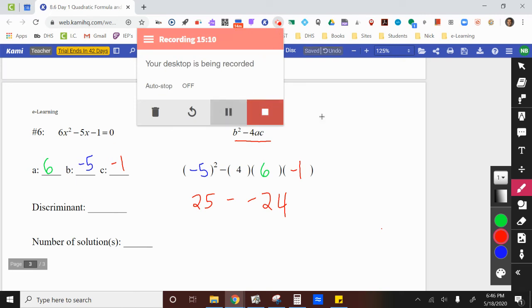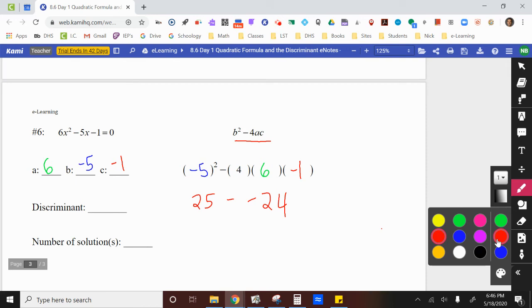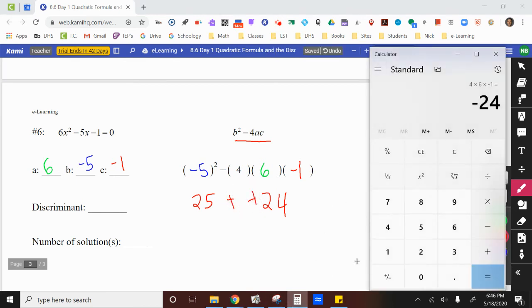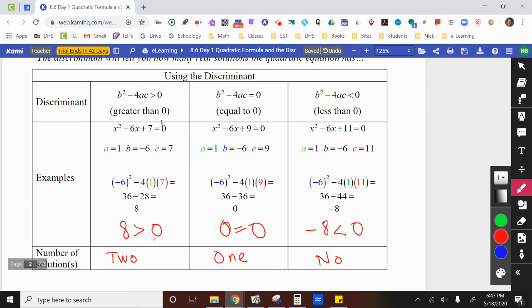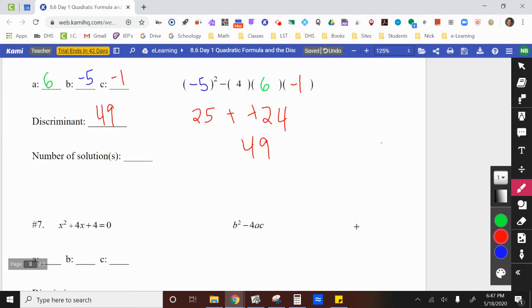Minus a negative is going to become a positive, so this is really 25 plus 24, and that gives us 49. So our discriminant is 49. 49 is definitely greater than 0, so that means I'm going to have 2 solutions.